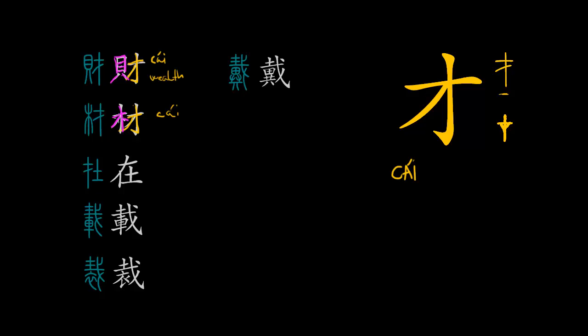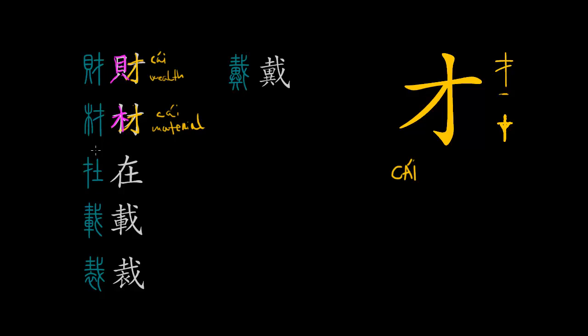But when you find it as a semantic element in characters, it usually points to the meaning of something that has to do with wood, roughly. Most of these semantic elements only point to the general meaning. It doesn't happen so often that you'd have a semantic element that would exactly point to the meaning of the character. So this would be material. I'm sorry for my handwriting.